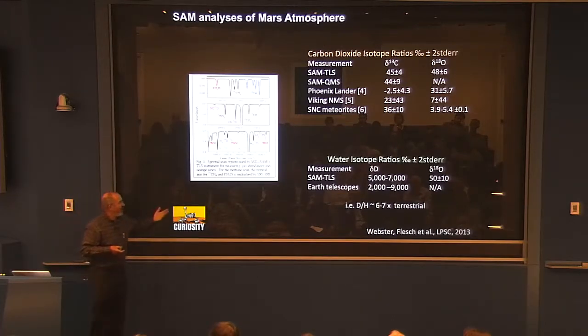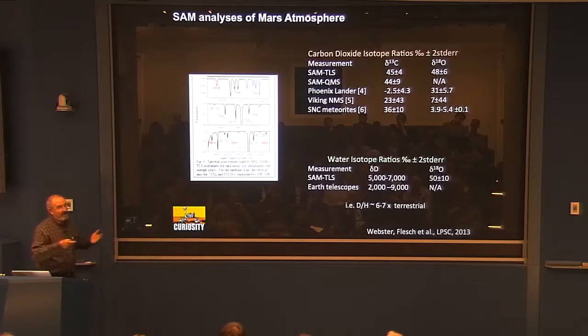So the water has a lot more deuterium in it than our ocean, basically 6 to 7 times more deuterium in atmospheric water on Mars, again consistent with the loss: there was water on Mars in the past, but most of it has been lost to create such intense enrichment in deuterium and in oxygen.